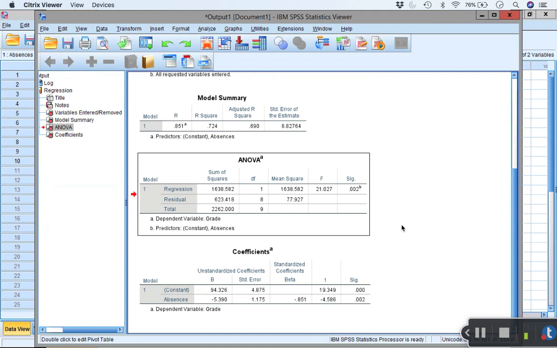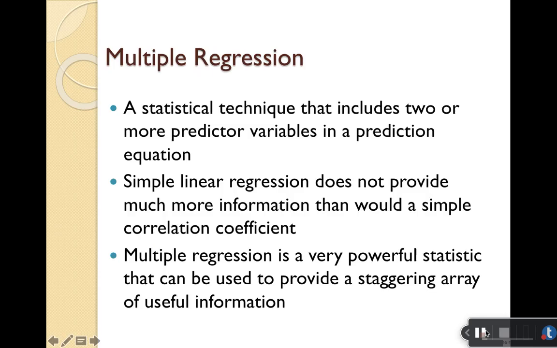So this is when we move beyond simple regression of one IV, one DV, and we can move into multiple regression. Going back to the slides, multiple regression is a technique where we're including 2 or more predictor variables, or IVs, independent variables, in a prediction equation.